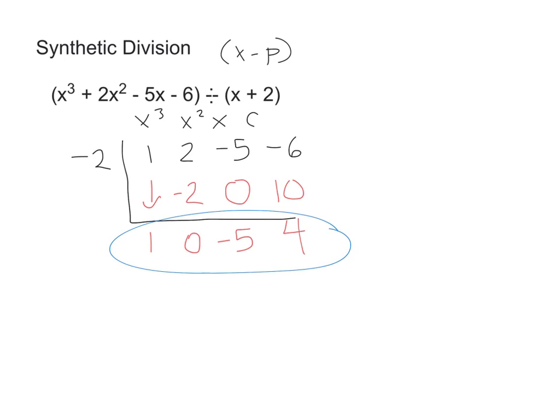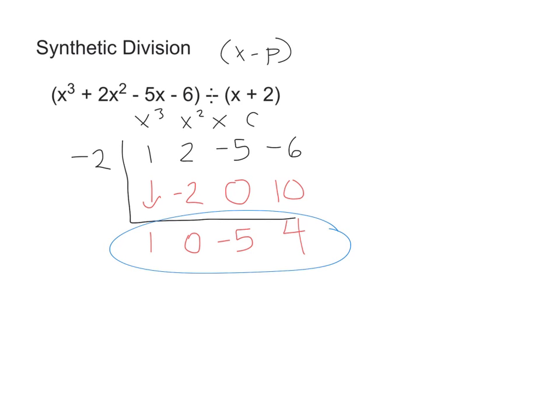This is actually our answer. Those are the coefficients in the answer. We started with an x cubed up here, and we divide it by an x. So what kind of term does that give us? An x squared. You need to go one down from what you started with.